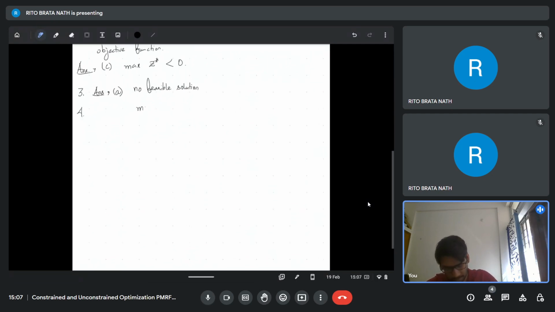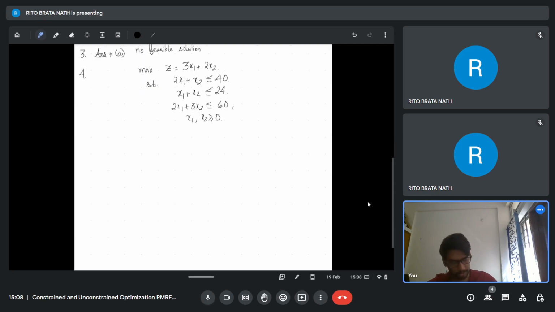This is max of z equals 3x1 plus 2x2, subject to 2x1 plus x2 less than or equal to 40, x1 plus x2 less than or equal to 24, and another constraint, 2x1 plus 3x2 less than or equal to 60, and you have x1, x2 greater than or equal to 0.